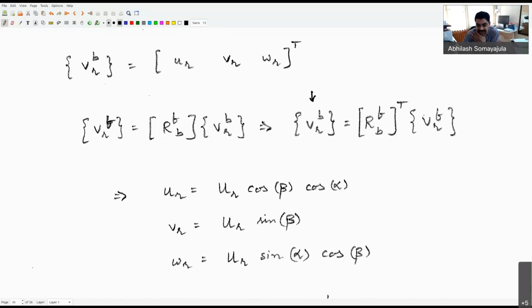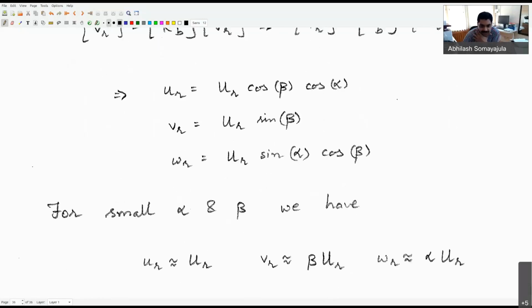Is this making sense? Yes, sir. This is the velocity in the F frame. This is the velocity in the B frame. So I need a rotation matrix which goes from F to B. I know the rotation matrix which goes from B to F. I just take a transpose of that and multiply. So eventually you'll get three expressions for ur, vr and wr from there.